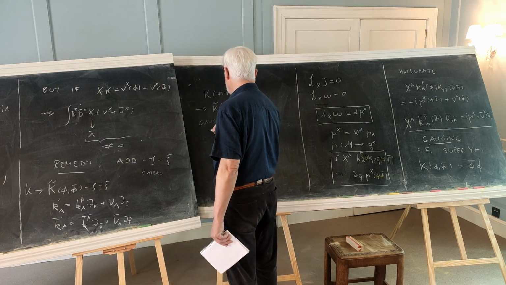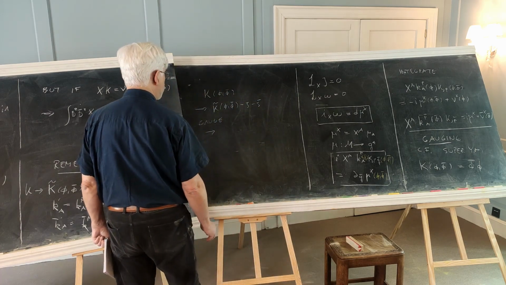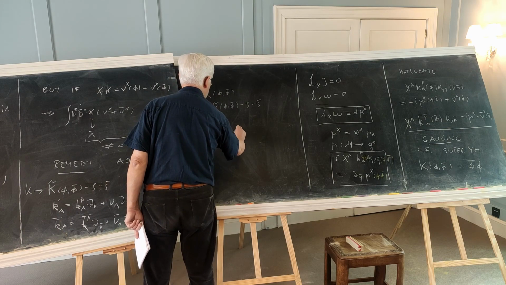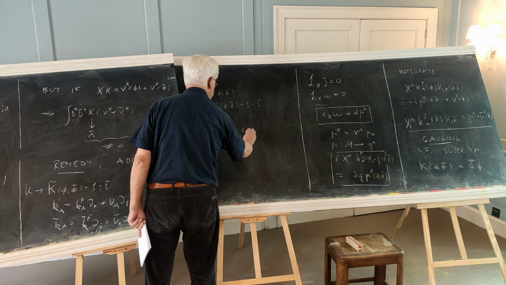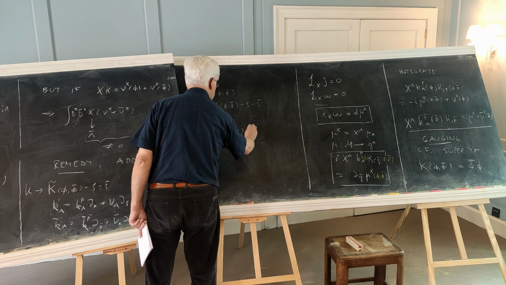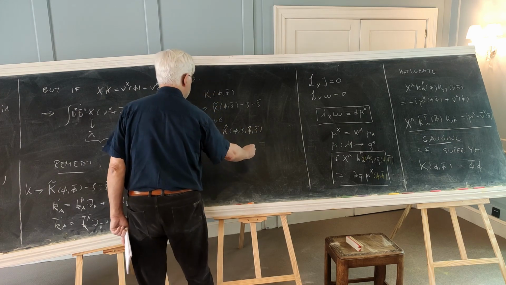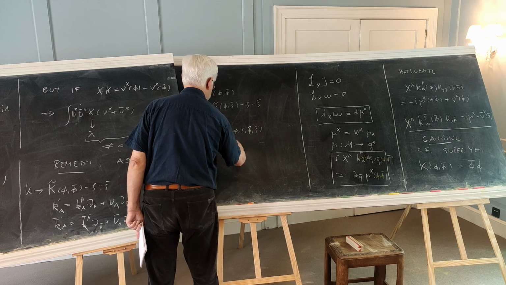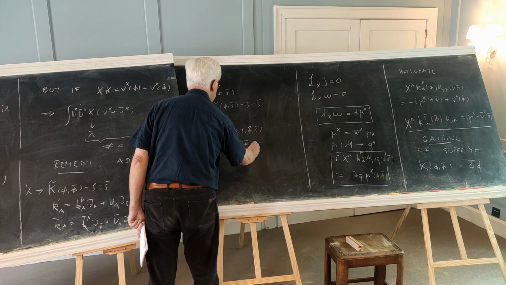So that goes into, maybe I'll call it hat or something, K hat of phi zeta, phi tilde zeta tilde, which is equal to K tilde. I'm sorry about the notation, I hope you can follow.